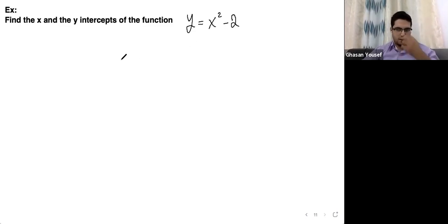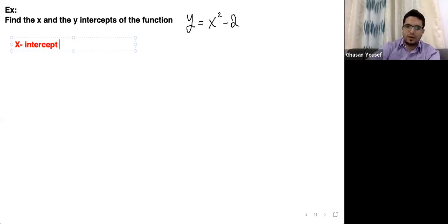So again, to find the x-intercept, like I said before, how can I find the x-intercept? By making y equal 0.